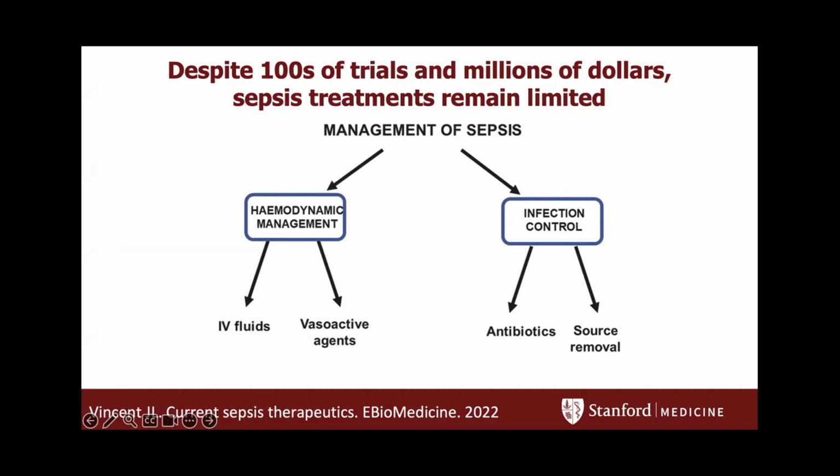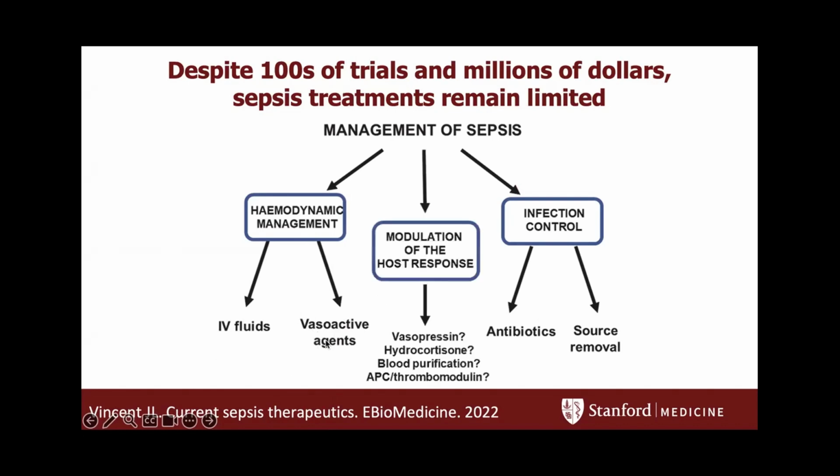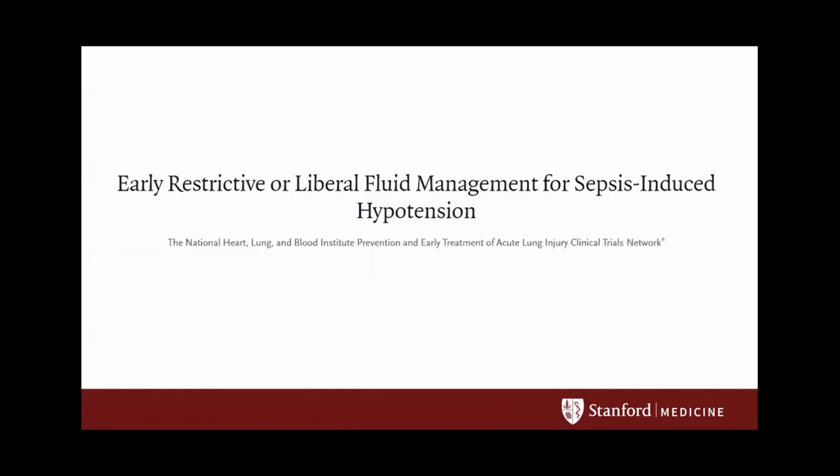But as you can see, treatments are still largely limited to antibiotics and supportive care, IV fluids and vasoactive agents, which are essentially just agents to support your blood pressure, but don't actually have any effect on the immune response. There's been a lot of interest on trying a variety of immune modulating therapies, but all of these trials have been negative. And this isn't for the lack of trying, right?